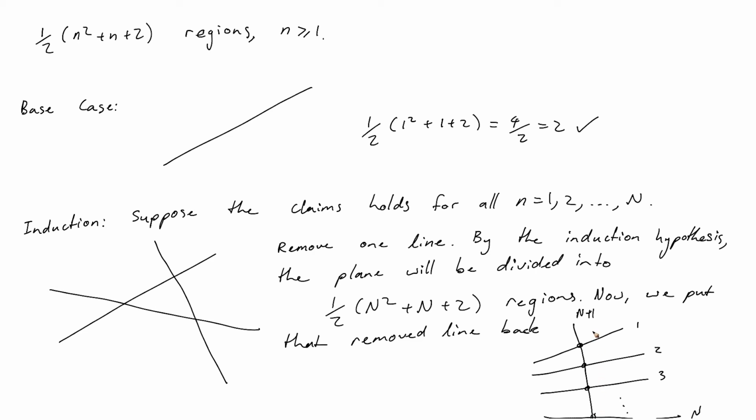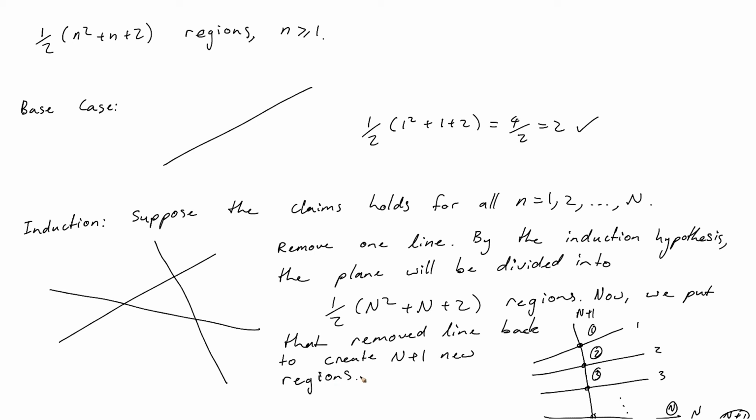And so it's actually making 1, 2, 3, and down here, I guess, this would be the Nth region, and underneath it would be the N plus 1th region. So by adding this new line, we create N plus 1 new regions. So put the line back to create N plus 1 new regions.